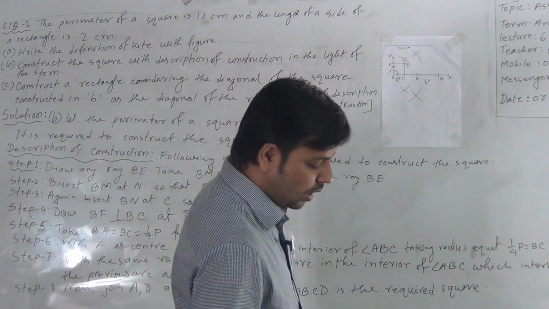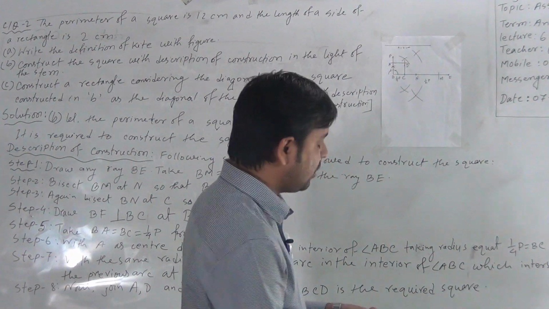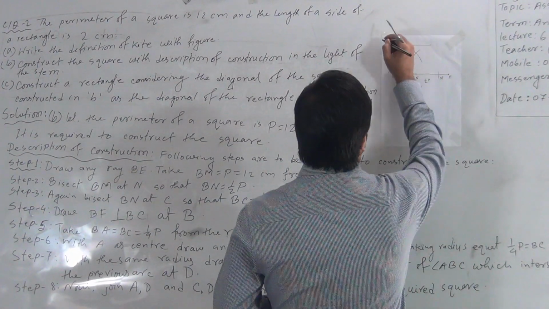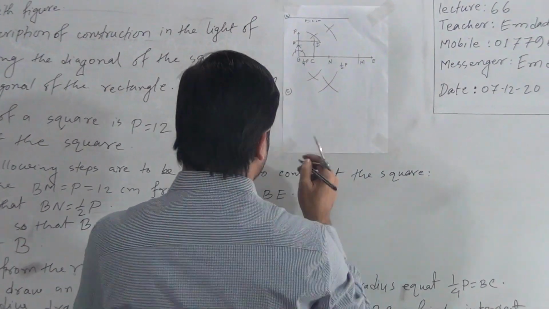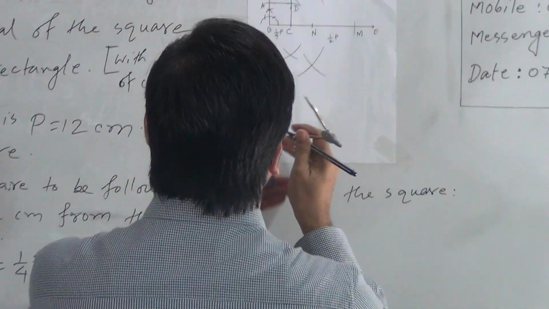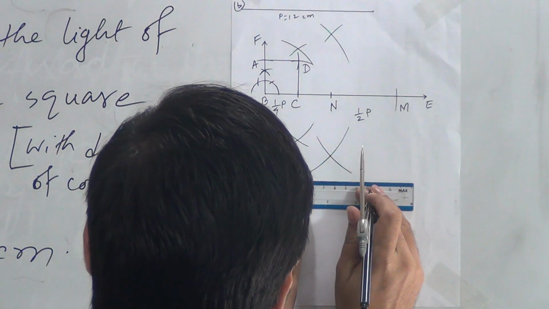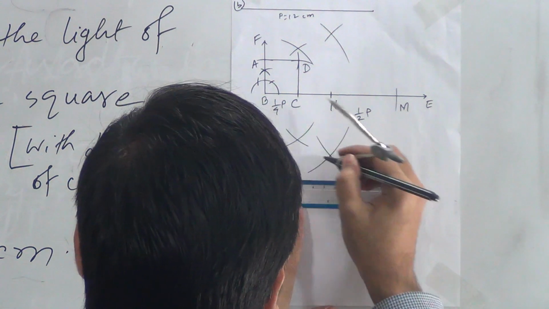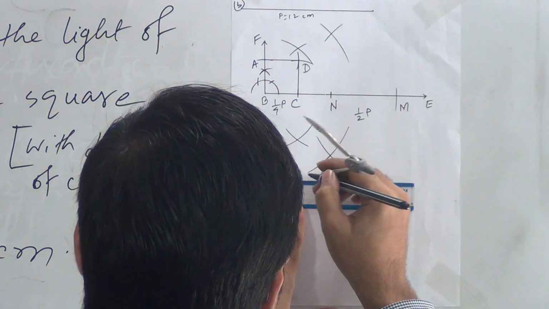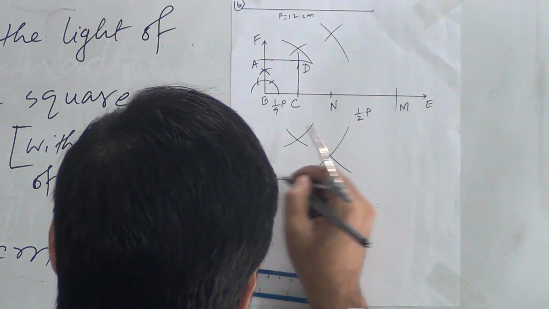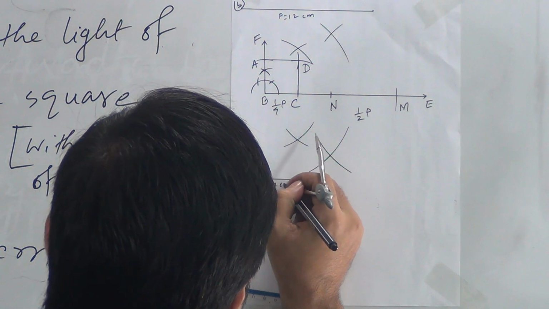And to solve question C, we have to draw a rectangle, and the one side of the rectangle is given. For question C, the length of one side of the rectangle is given, that is 2 centimeters.